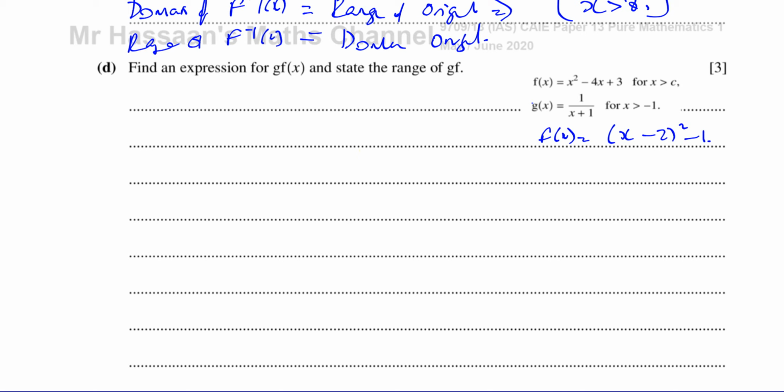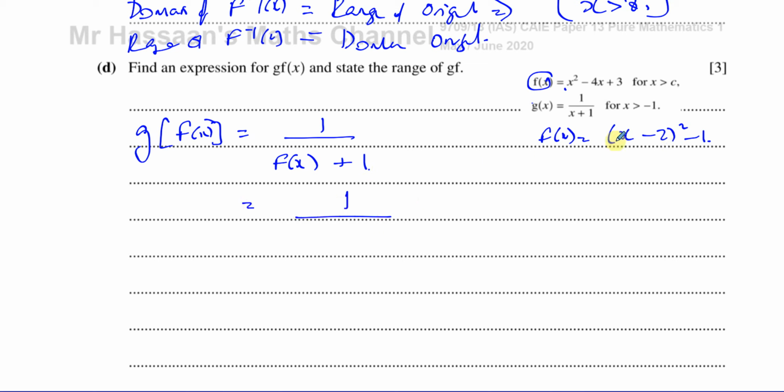First of all, g of f of x is when you take f of x and replace it instead of the x in g of x. So basically f of x goes there. I'll write it like that first: 1 over f of x plus 1. Now f of x can be written in this form, which will probably make this a lot easier.